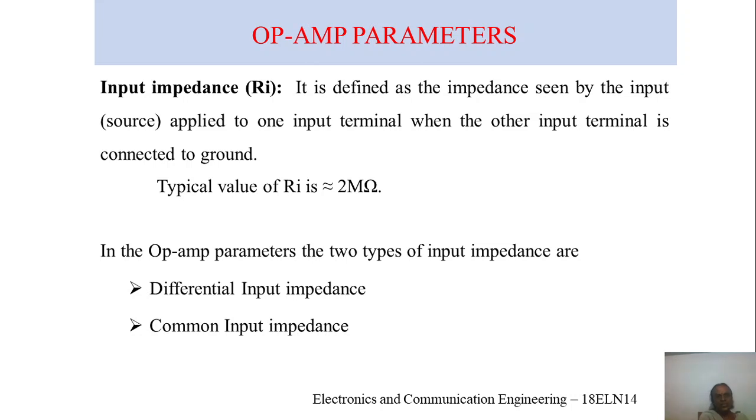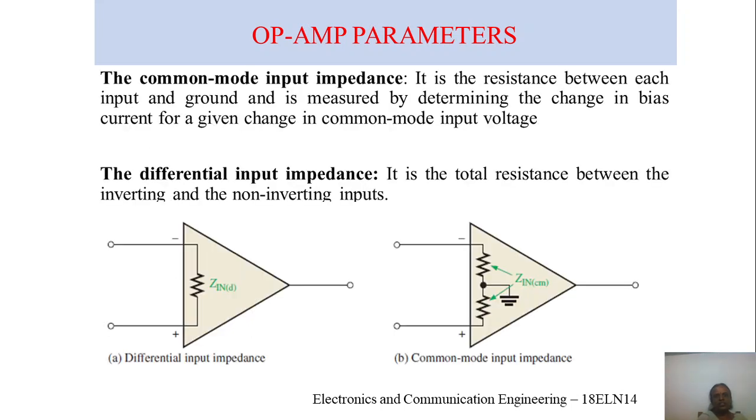Here, the two basic ways of specifying the input impedance of an op-amp are the differential and the common mode. Hence in the op-amp parameters, the two types of input impedances are differential input impedance and common mode input impedance. The common mode input impedance is the resistance between each of the inputs.